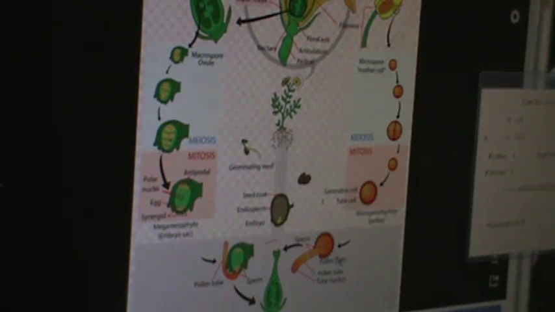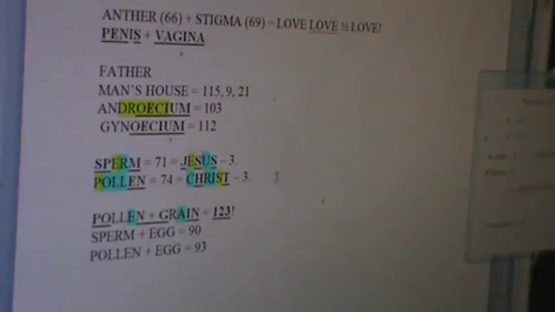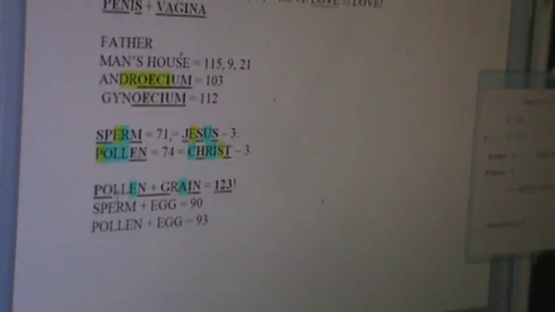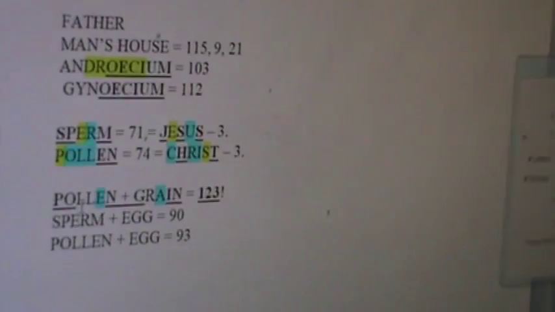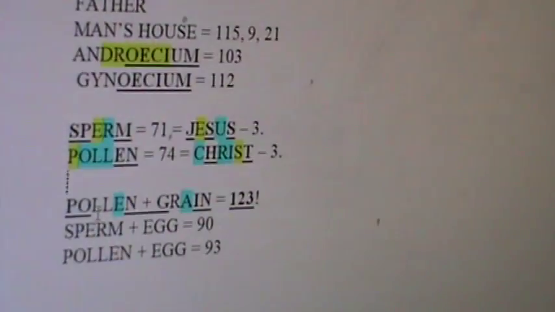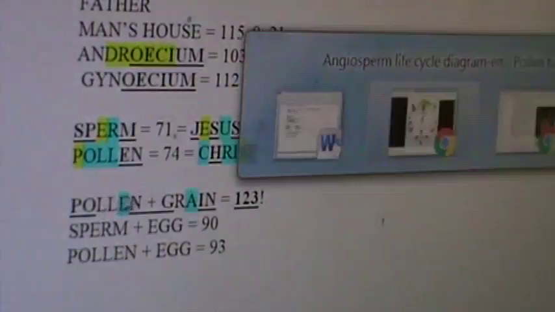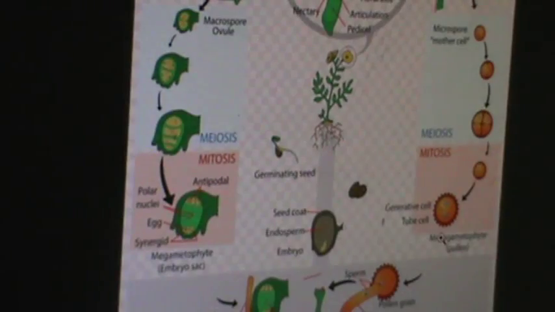But the coolest thing was that pollen paralleled sperm. Remember this equation? Pollen and sperm for Jesus and Christ, like Jesus verbatim. Just that is so glaring, okay? Hopefully you can see enough of this, as long as you can hear my voice. Okay, I think we hit that out of the park.